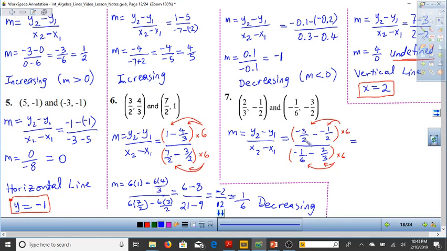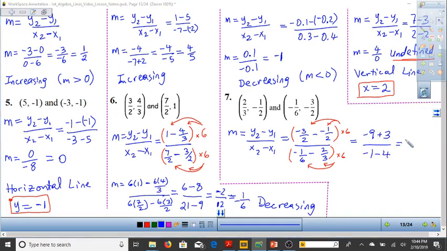6 times negative 3 halves, it's negative 3 times 6, which is negative 18, divided by 2 is negative 9. And negative times negative is positive. So we're going to get a positive here, and half times 6 is going to be 3. 6 over 2 is 3. And then the denominator, 6 times negative 1/6 is negative 1. And 6 times 2/3, 2 times 6 is 12, divided by 3 is 4, so it's negative 4.